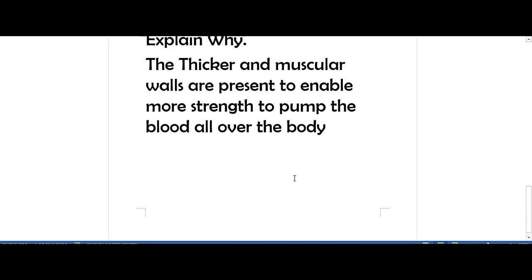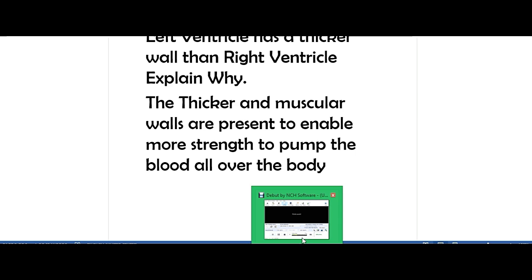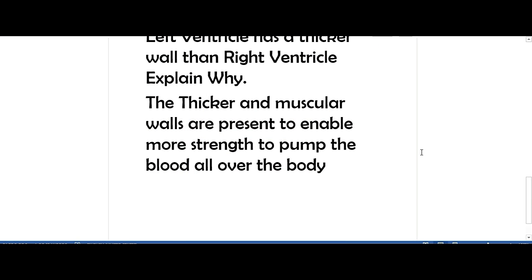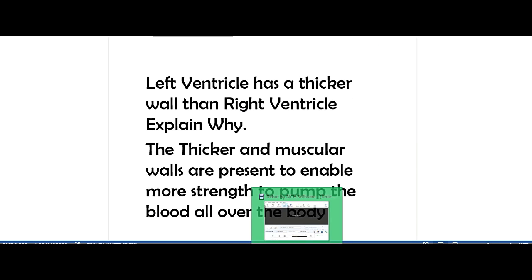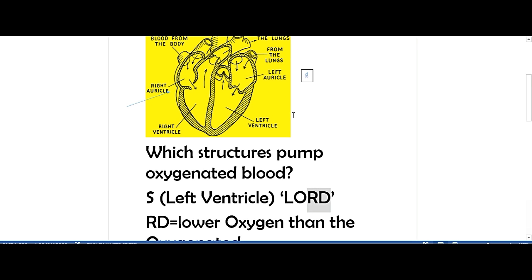And the blood requires a lot of pressure to flow around the body, so the muscle will pump it. It's like a gas tank. When there's a lot of pressure, it can really push the blood all over the body.